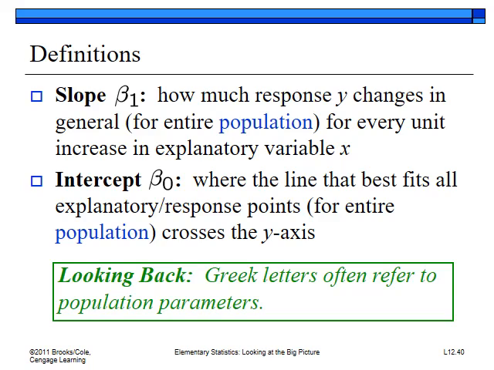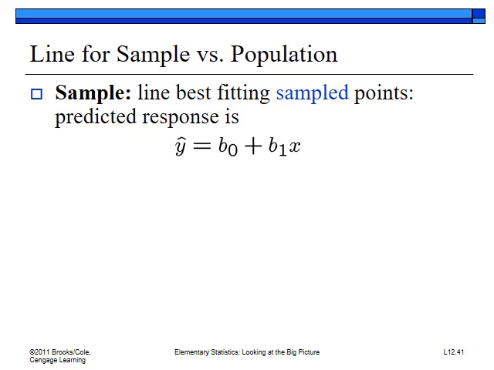It's not unusual for us to use Greek letters to refer to parameters out of the population and regular Latin letters to refer to samples. So, if we have a scatter plot based on data taken from a sample, we talk about the predicted response, y hat, equals b naught plus b1 times x.